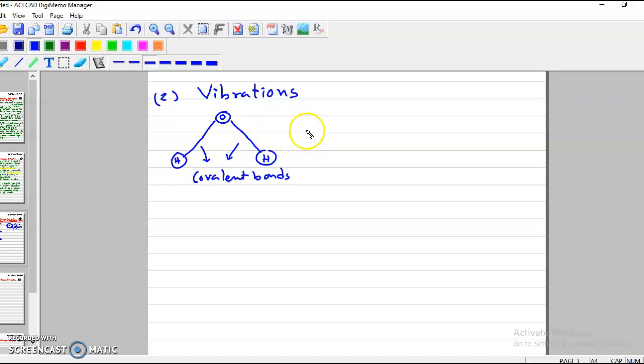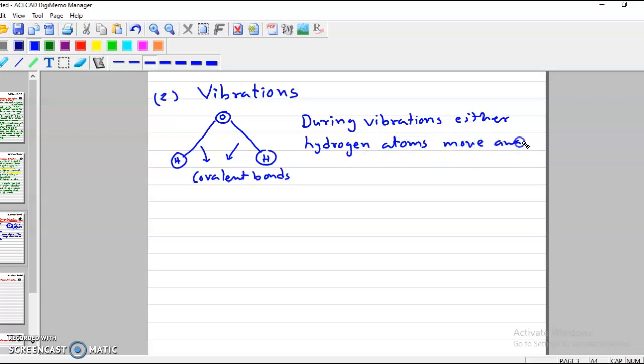So, during vibrations, either the hydrogen atoms move away from oxygen or come close to oxygen.